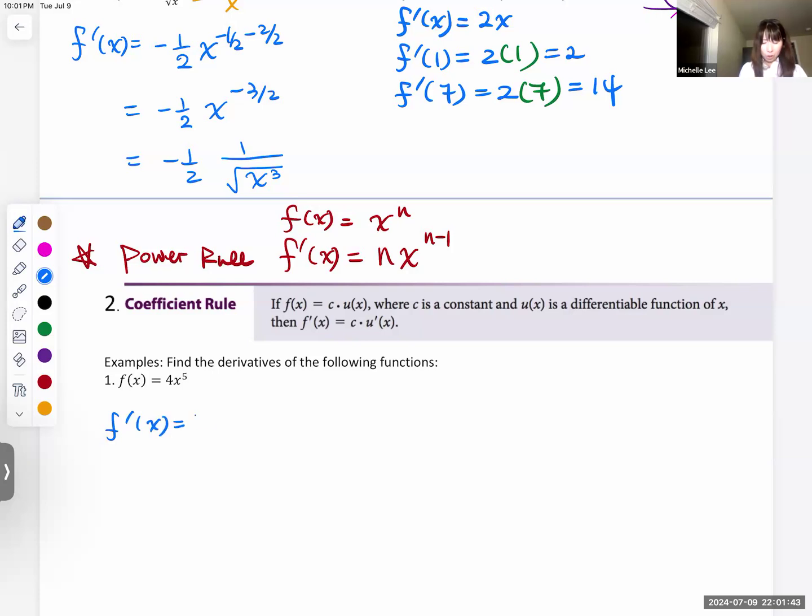Okay, let's do that. f prime of x by the coefficient rule. We keep the coefficient, and then for x to the fifth power, we want the derivative of x to the fifth power. Then we drop the power, reduce by 1. So it's a 4. Okay, then we get 20 x to the fourth power, right?